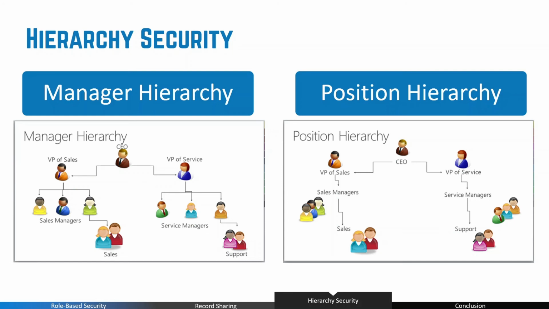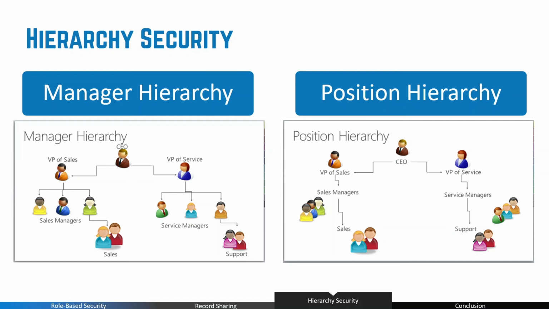Now, these are the two security models that can be used for hierarchies, the manager hierarchy and position hierarchy. With the manager hierarchy, a manager must be within the same business unit as the user to have access to the user's data. In the position hierarchy, on the other hand, it allows data access across business units.